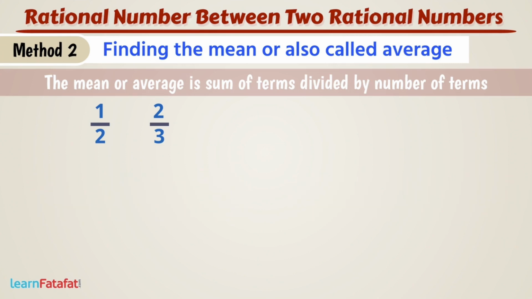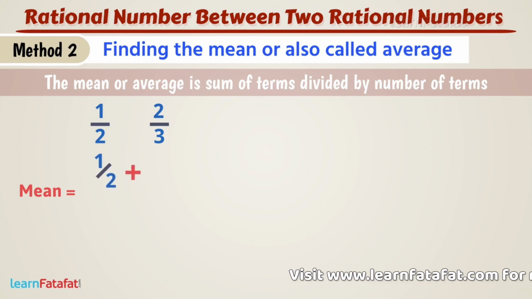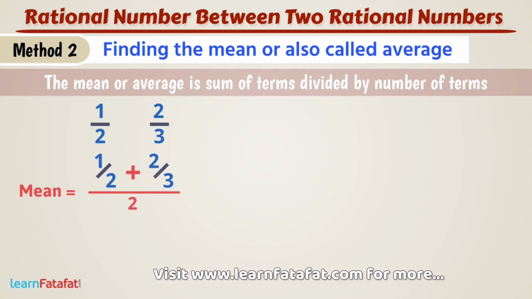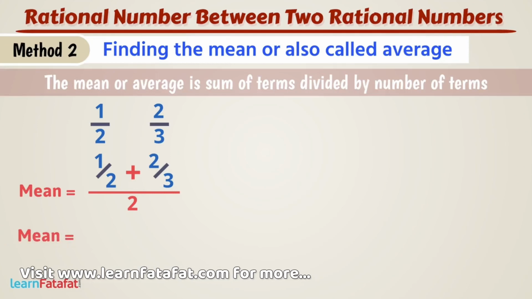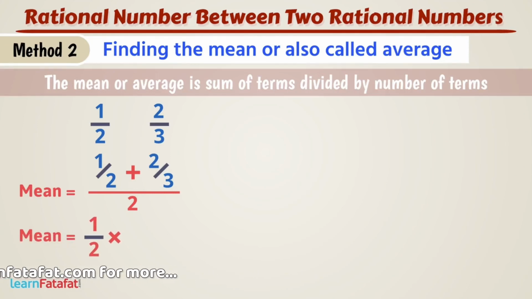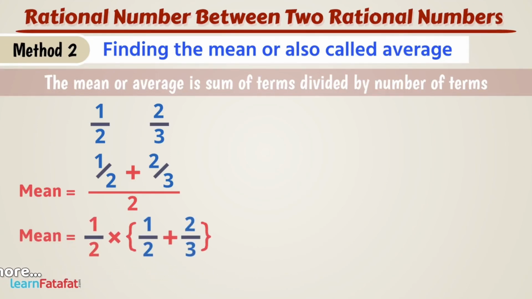In the same way, mean of 1 by 2 and 2 by 3 is 1 by 2 plus 2 by 3 upon 2. We write it as 1 by 2 into 1 by 2 plus 2 by 3. Let's perform the addition. LCM of 2 and 3 is 6.